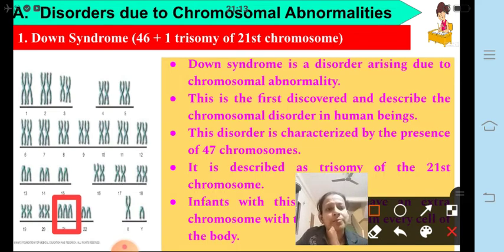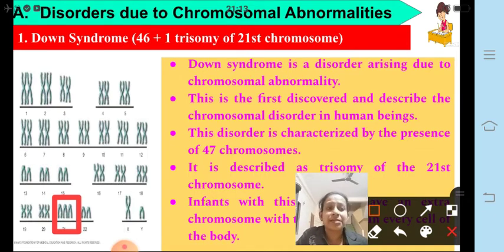In a normal person there are 2 chromosomes, but in Down syndrome the 21st pair has 3 chromosomes instead of 2. Since there are 3 chromosomes instead of 2, it is also called trisomy of the 21st chromosome, and it is commonly called Down syndrome.